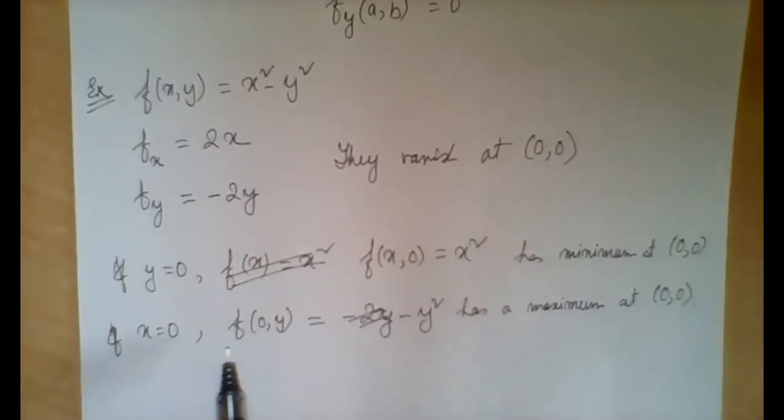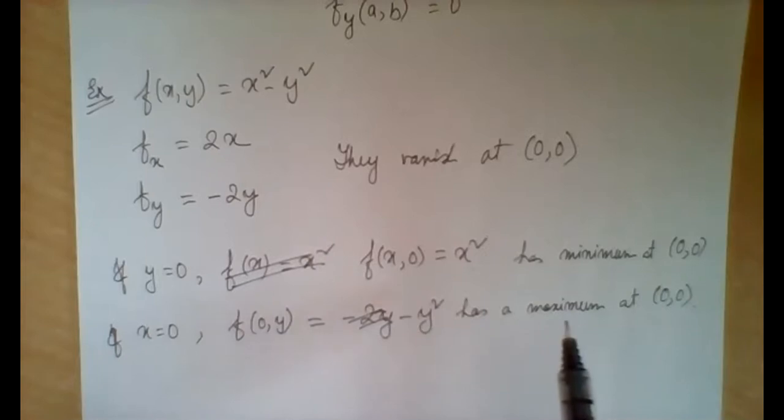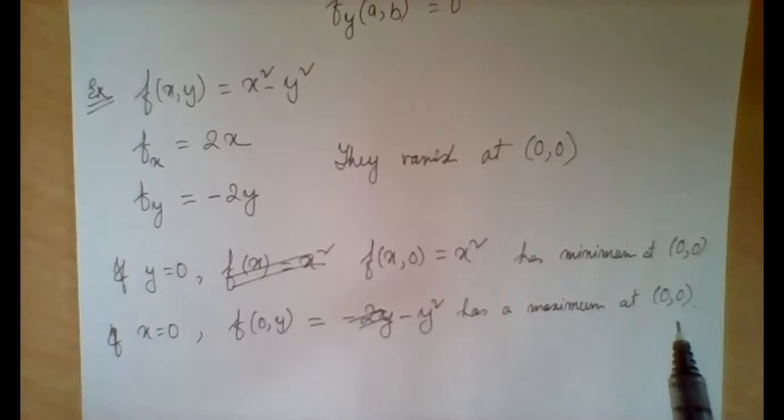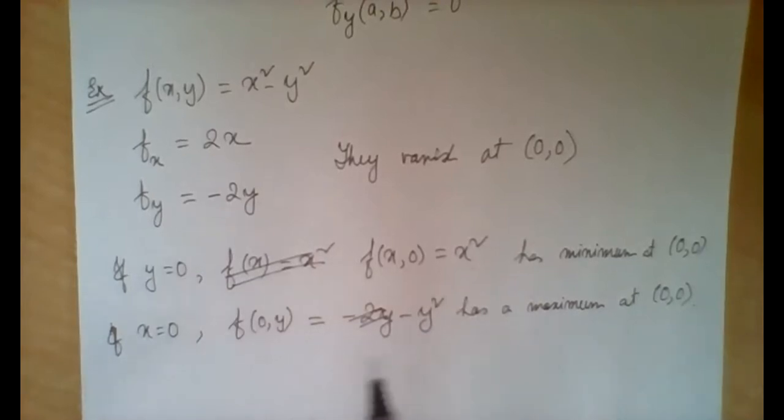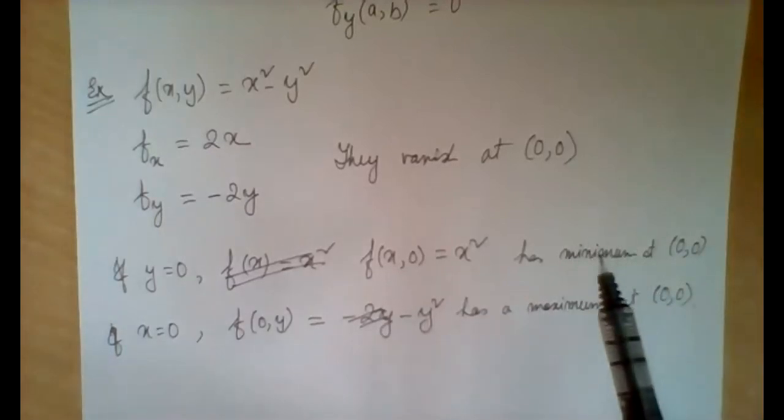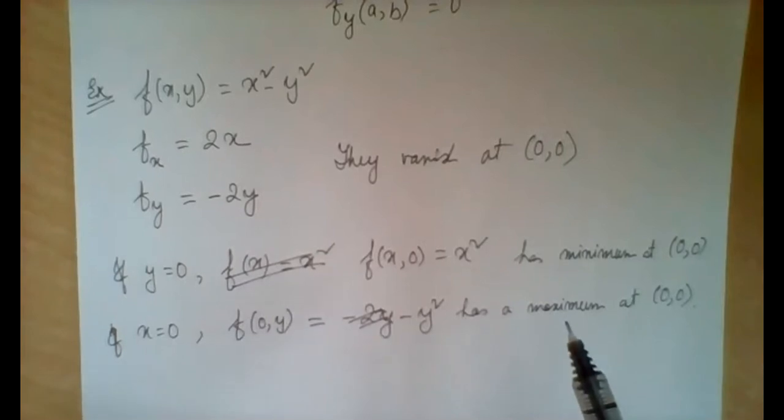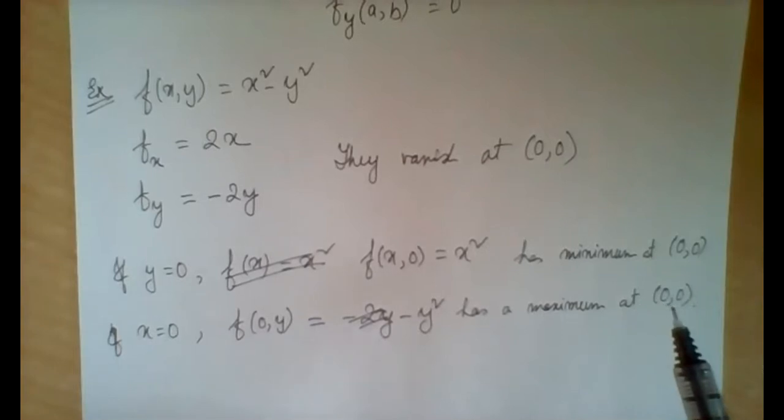When we move along the y-axis, the function has a maximum value at the origin. Thus, this surface has a maximum in the yz plane and a minimum in the xz plane at the origin.